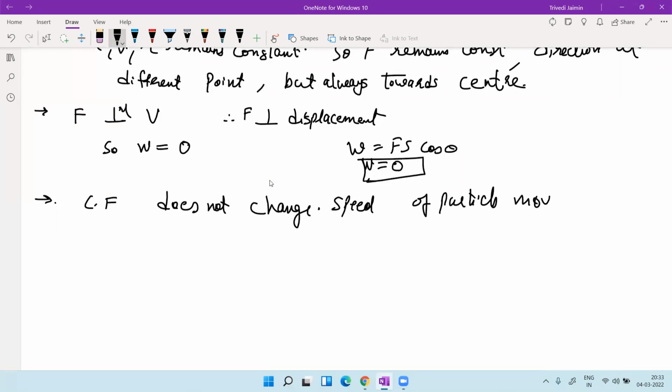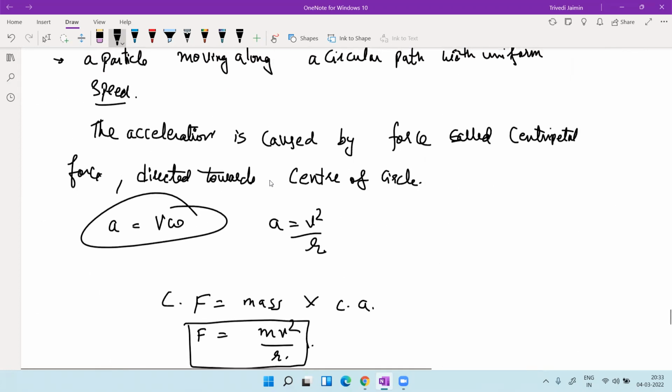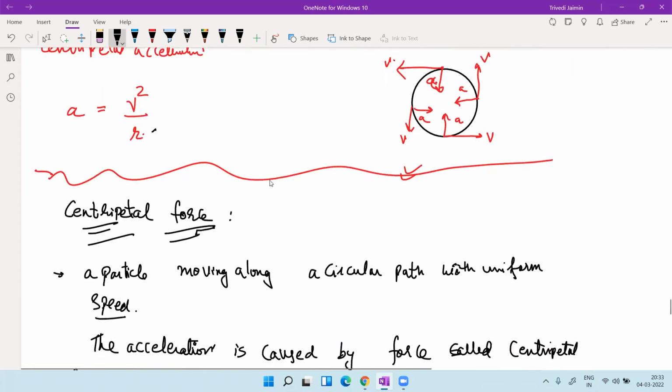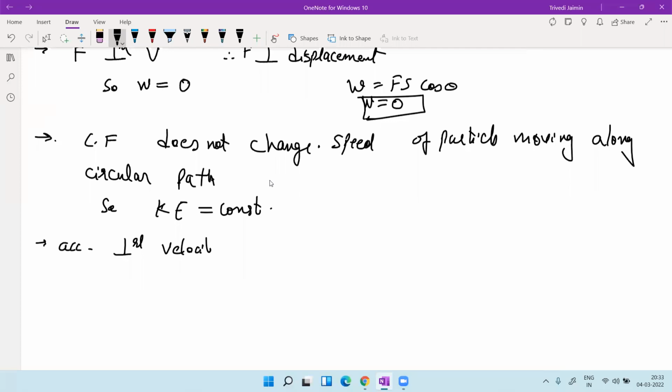Particle moving along a circular path, so KE remains constant. And from here we saw acceleration is perpendicular to velocity.